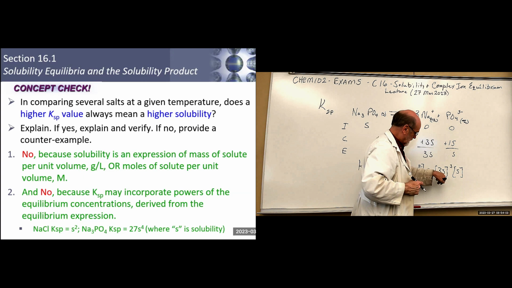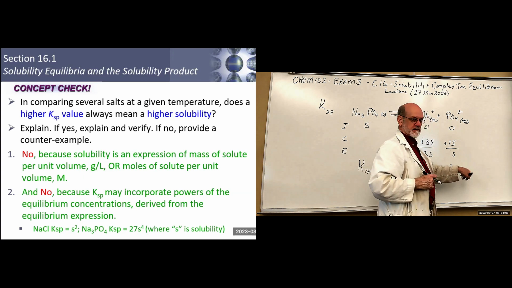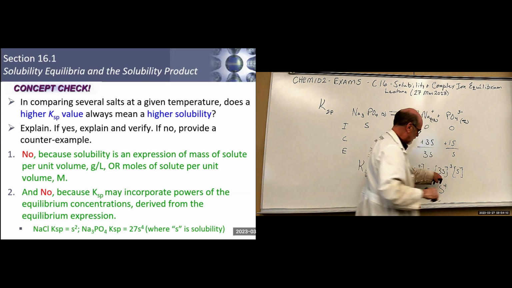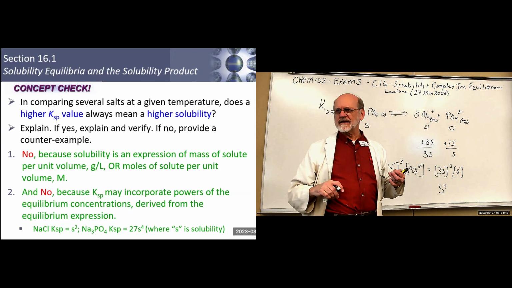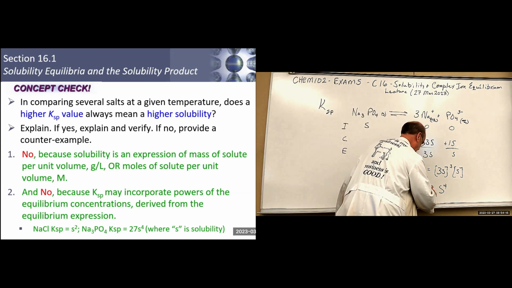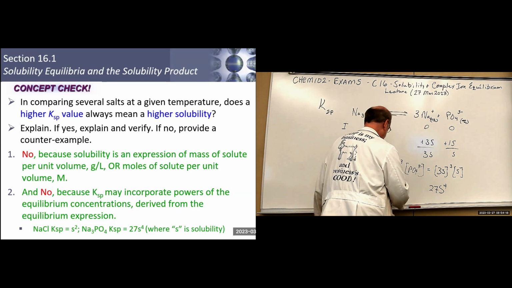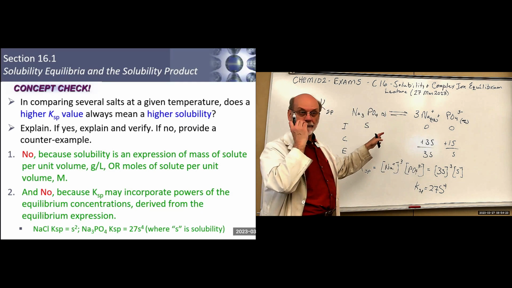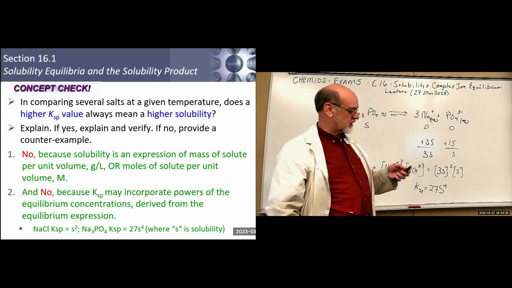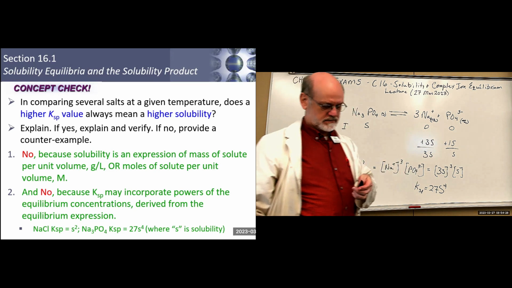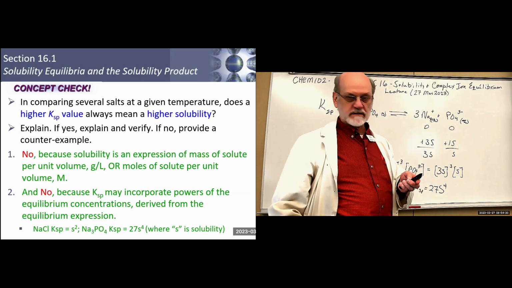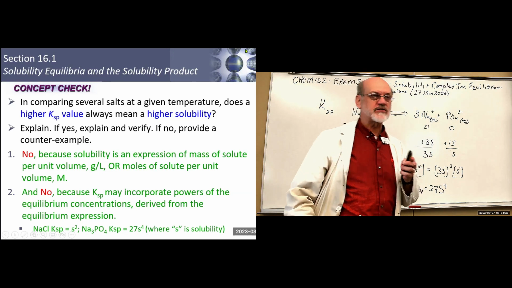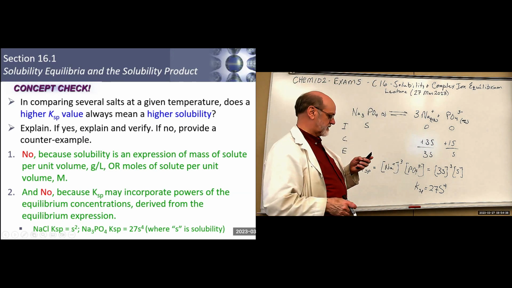S cubed times S to the first power is S to the 4th power. And then 3 cubed is what? 3 times 3 is 9, and 3 times 9 is 27. So that's our Ksp relationship to the solubility of the compound. That's the relationship between solubility and the Ksp value.